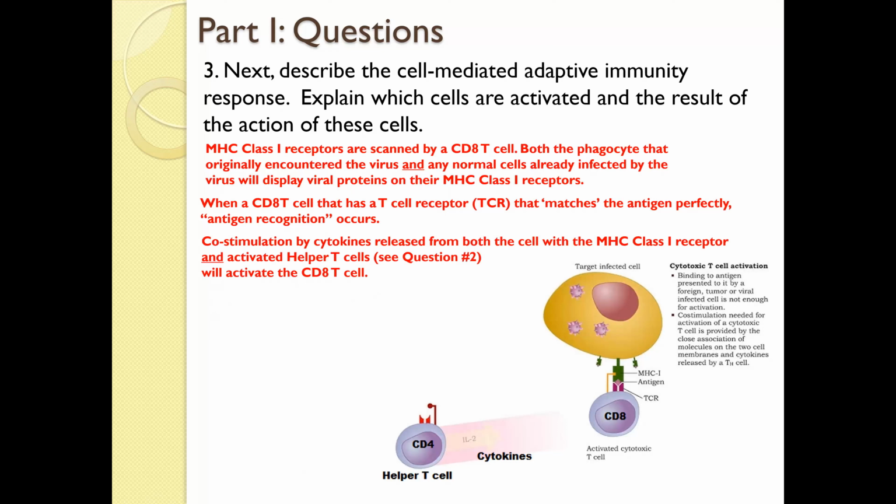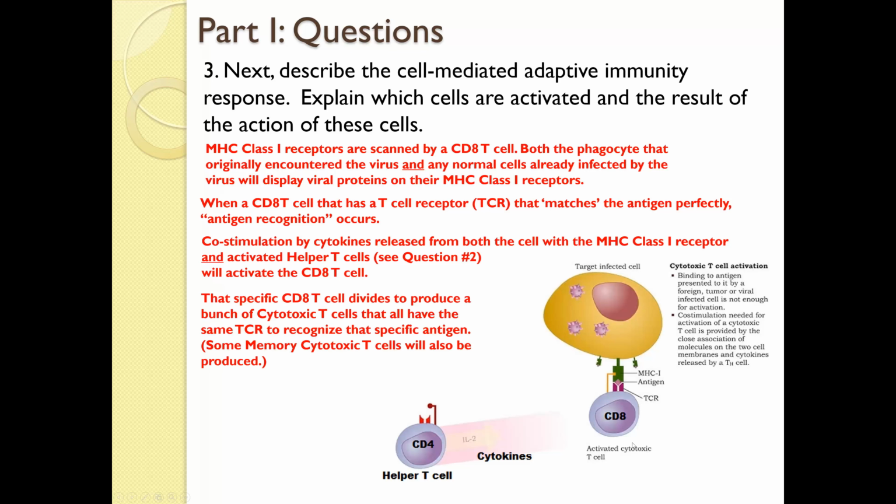So co-stimulation is also required in this case before the CD8 T cell can become activated. And in this case, there are going to be cytokines released by the cell that has the MHC class I receptor and cytokines that are released by activated helper T cells, which we talked about in question number 2. And so with these cytokines, this CD8 T cell will become activated.